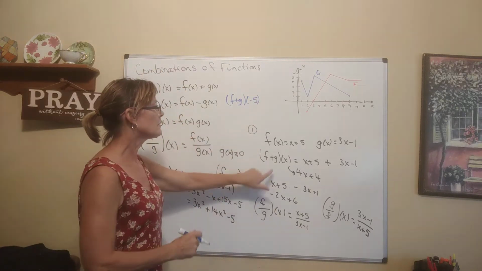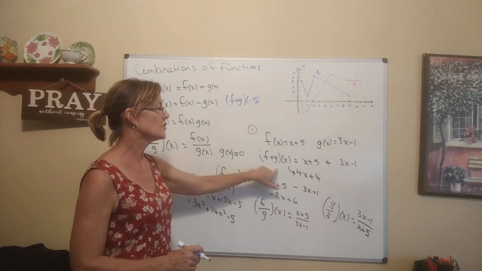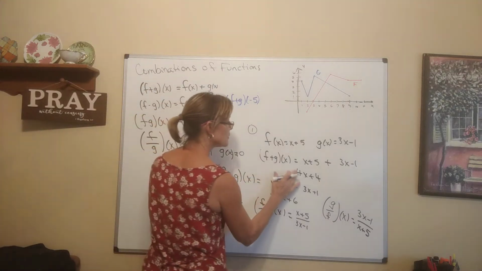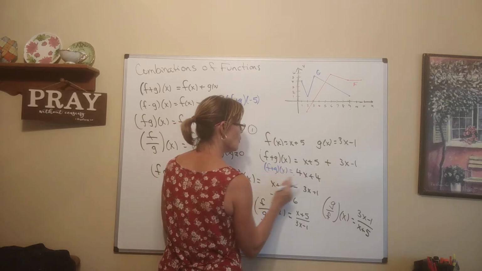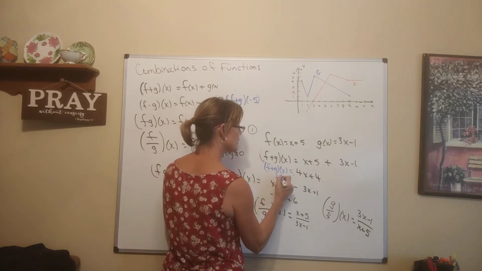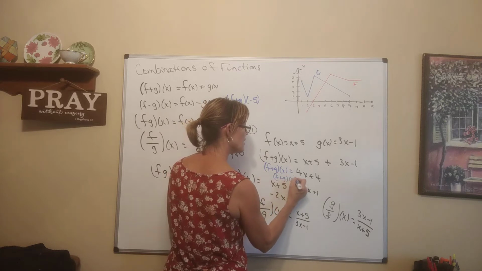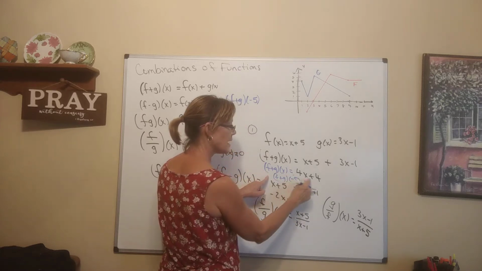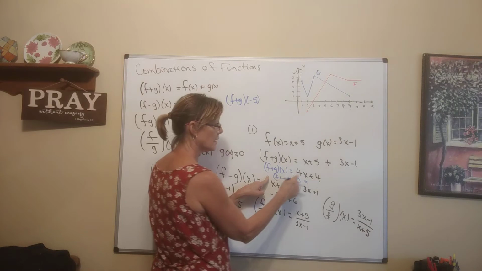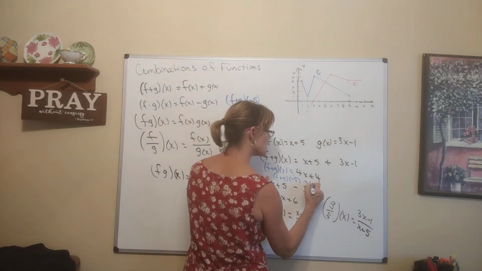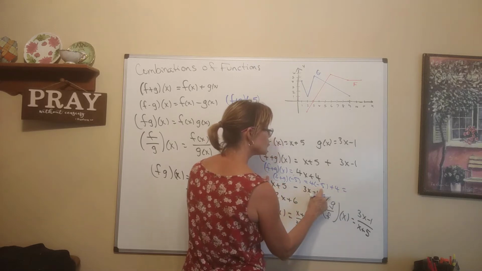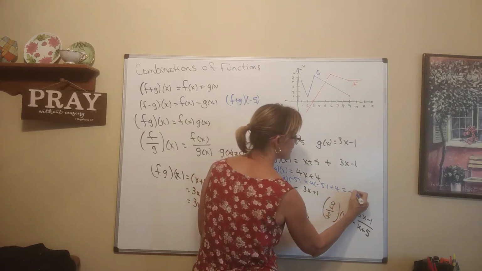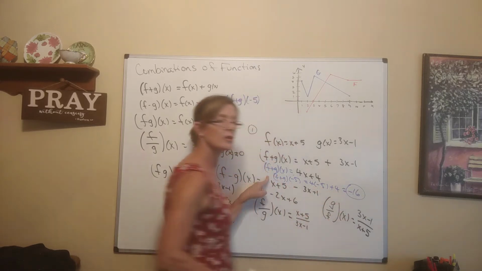If you have already discovered what the function f plus g is, right here, then f plus g of -5 is where I replace x in this function with -5. So that's 4 times -5 plus 4, or -20 plus 4, or -16. That is one thing you can do.